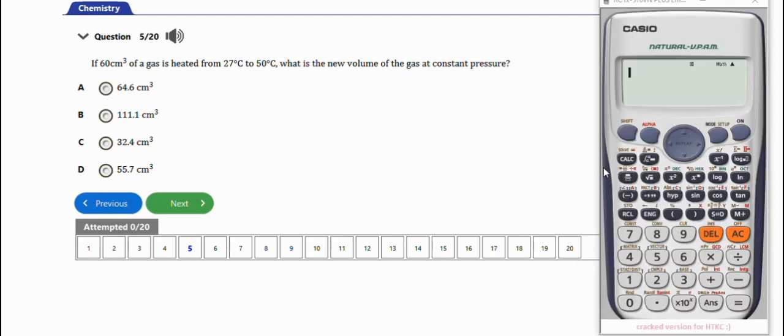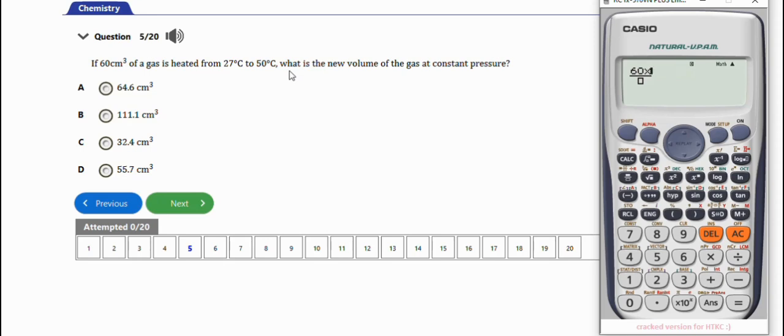Since we want to get our V2, from the formula V1 over T1 equals V2 over T2, V1 will be 60 times our T2 here, which is 50 degrees Celsius. So convert this to Kelvin. Very important, guys. Always convert Celsius to Kelvin.